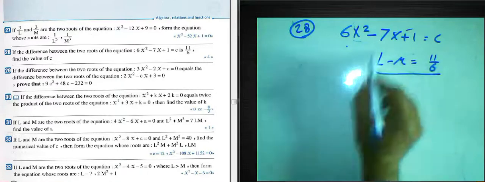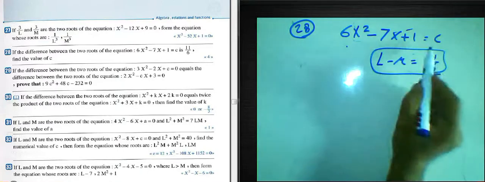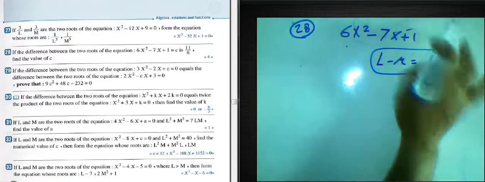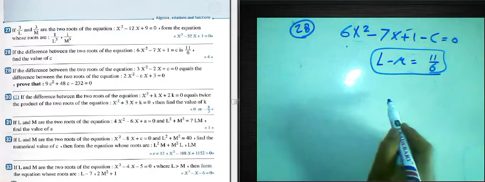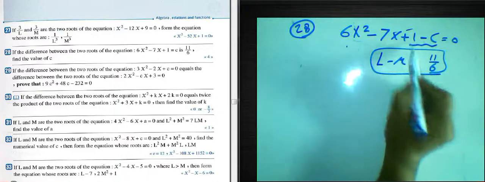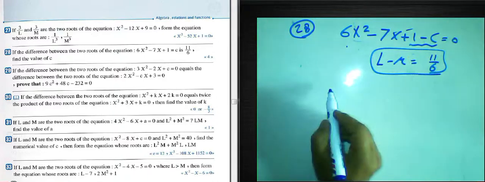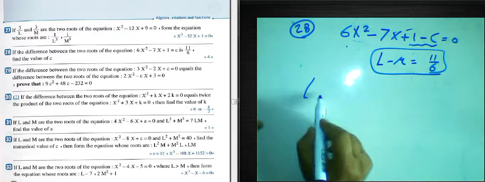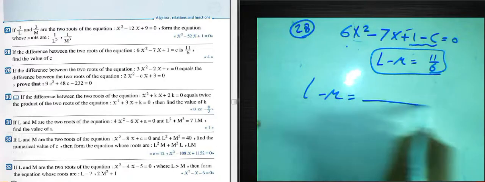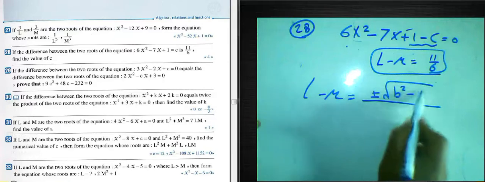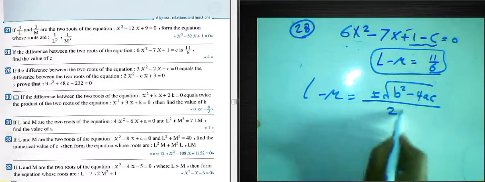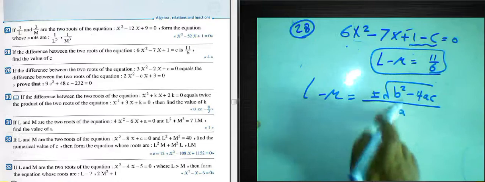He gave us this information. First we move C to the left-hand side, equal negative C equal 0, and it was a constant. So we know L minus M equal positive or negative the square root of b power 2 subtract 4ac, over a, sorry, over a.